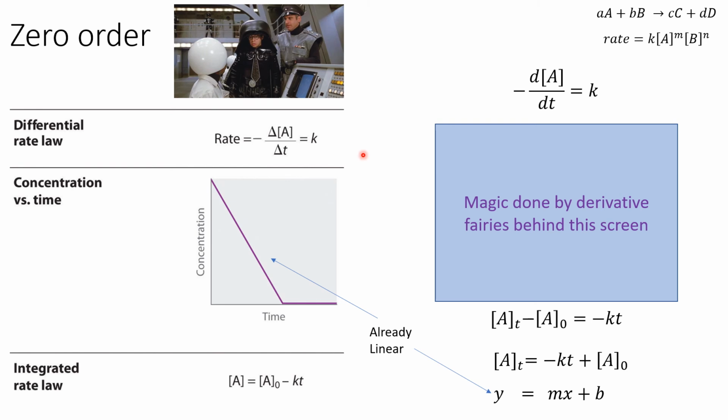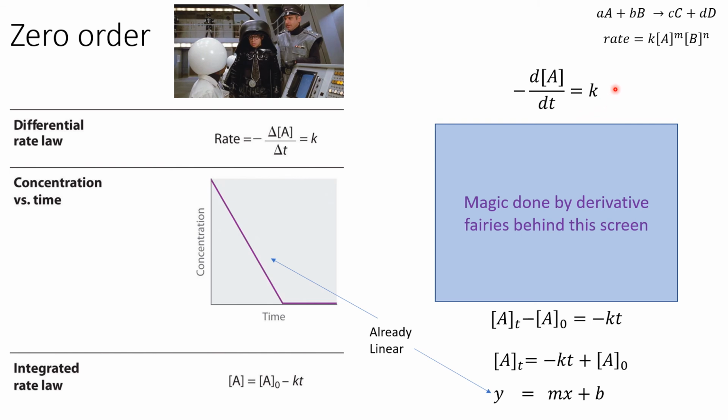And so if we have zero order, what I mean by zero order rate law here is that the derivative of the concentration with respect to time, or I could have put delta A, delta T here, is equal to a constant. So the amount that this reaction is running is a constant rate.